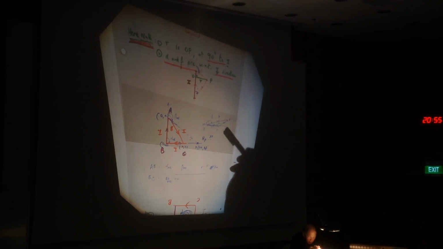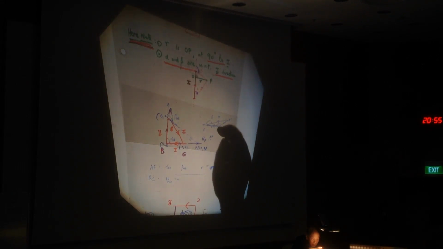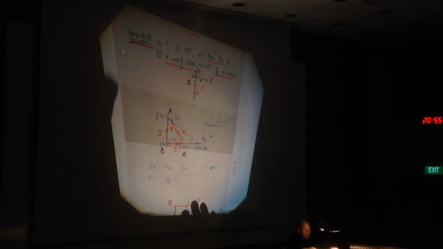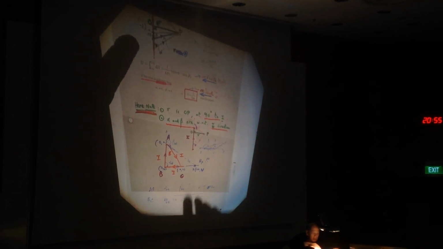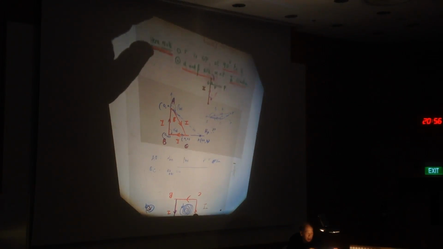When P prime goes down here onto the point P, in the limiting form, because if I draw P, you cannot see. So if you have the current element here, on the line of the current element, the field is 0. Okay with it? From this formula, or from Biot-Savart's law, sin theta originally was 0. I dl sin theta over R squared.